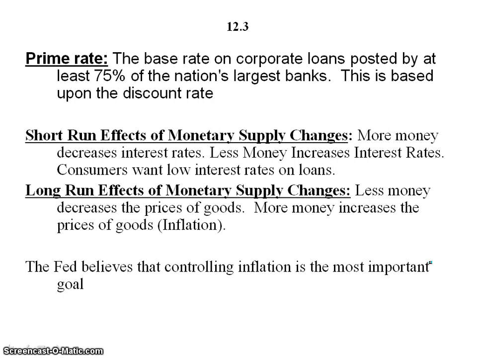Now, the Fed believes that controlling inflation is the most important goal. So in the long run, what you want is low growth, not high growth. We want low growth where, particularly in inflation, prices are slowly rising over time. You don't want deflation. That's sometimes one of the worst things that can happen, is the economy getting smaller and smaller.